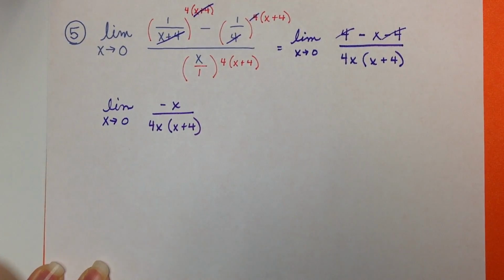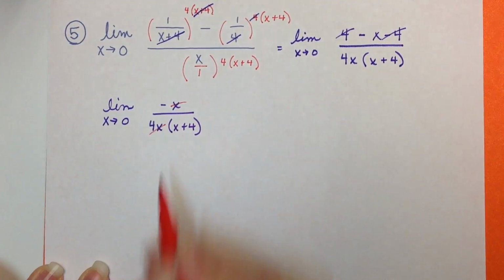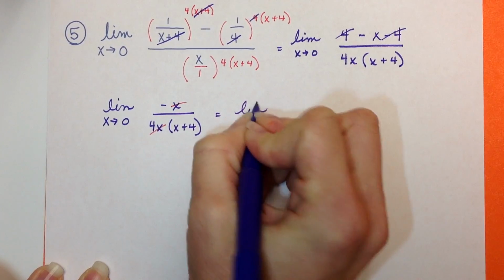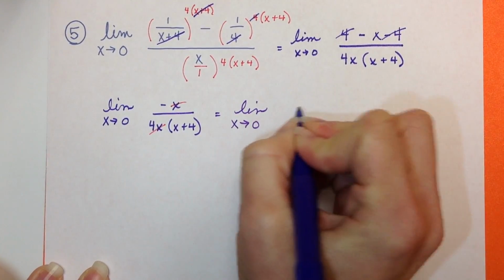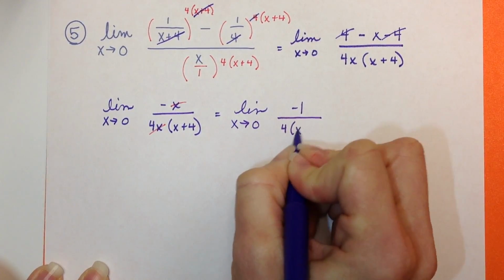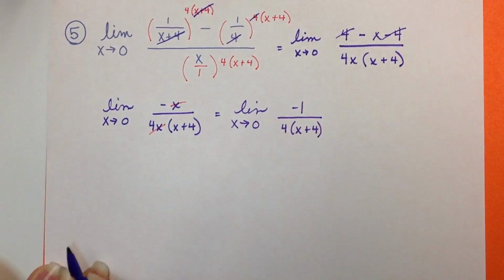And then I'm going to be able to cancel out the x's. So I'm left with -1 in my numerator, and then 4 times x plus 4 on the bottom.